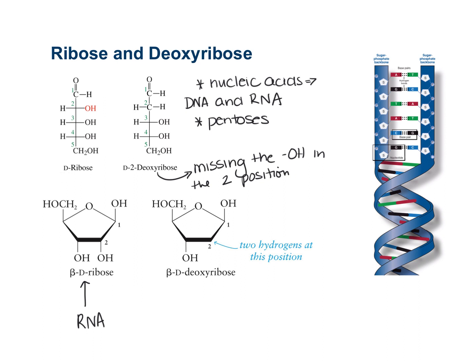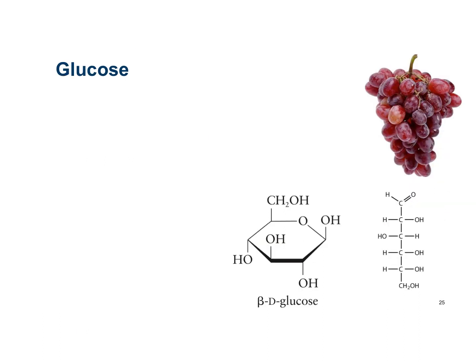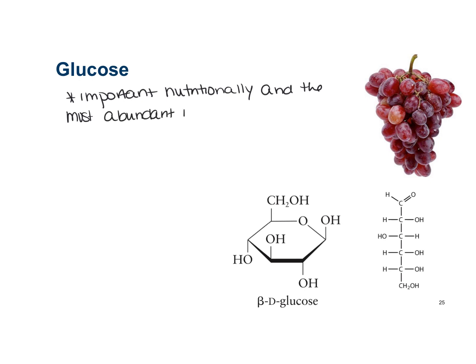The next important sugar that we're going to talk about is glucose. Of the monosaccharides, glucose is the most important nutritionally and the most abundant in nature.